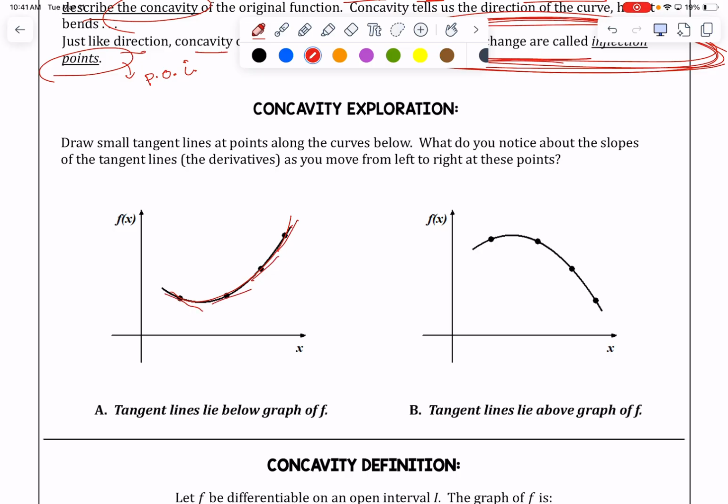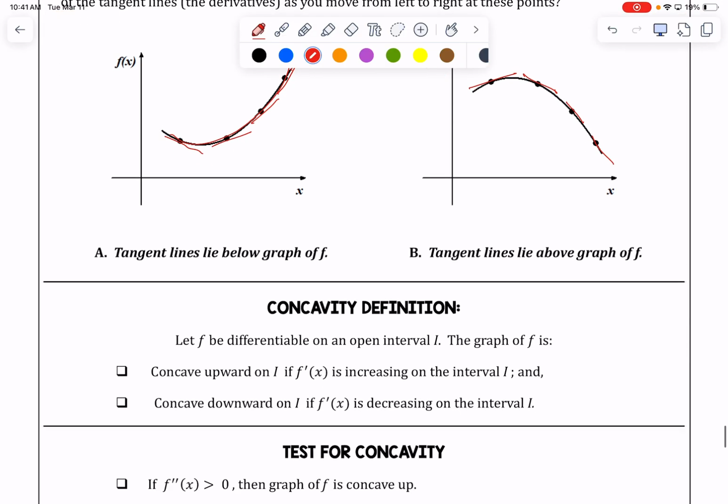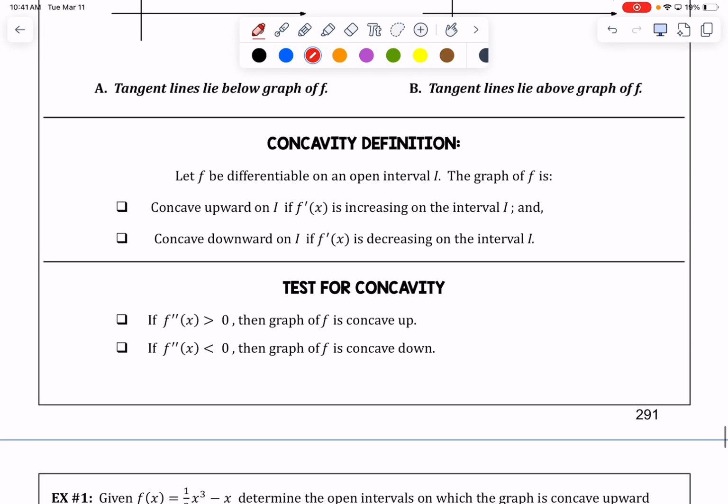Below. Remember that? That's when we did that over-underestimate thing. When it's curved down, where do the tangent lines lie? Above. Cool. Okay. Not that I really care about that right now. All right. This goes pretty quick. We're going to be right into the example because you already know how to do this. You're going to do the same thing you did for the first derivative, but we're going to do it for the second derivative now. But let's make sure we understand what it's telling you.